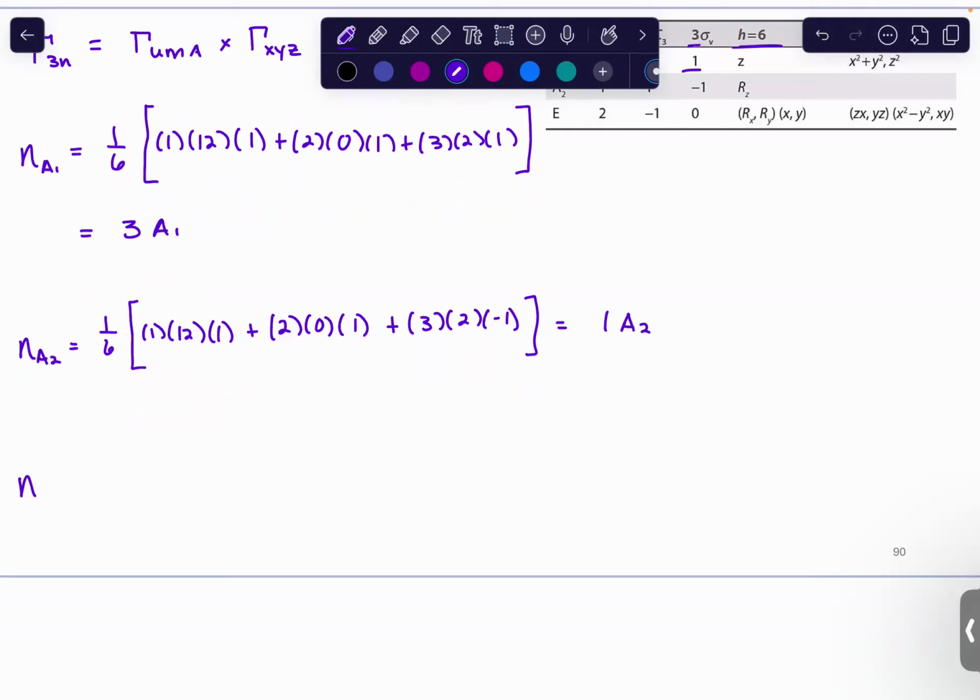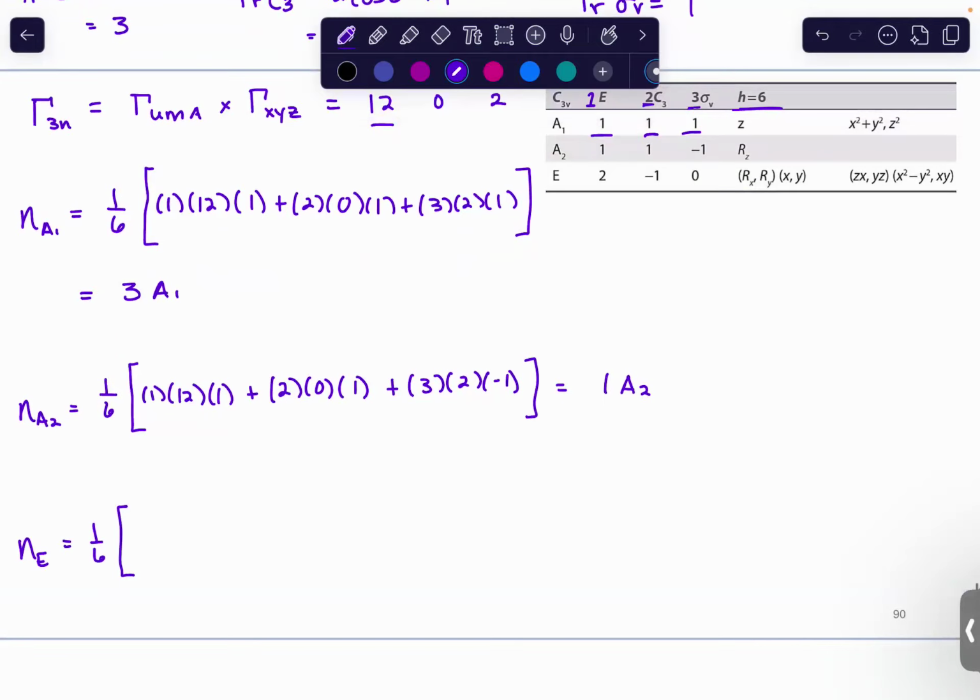So now the N for our E symmetry group, number 6. Okay, so from in front of the E column, there's a 1, 12 from the gamma 3N, and a character of 2 from the E row.